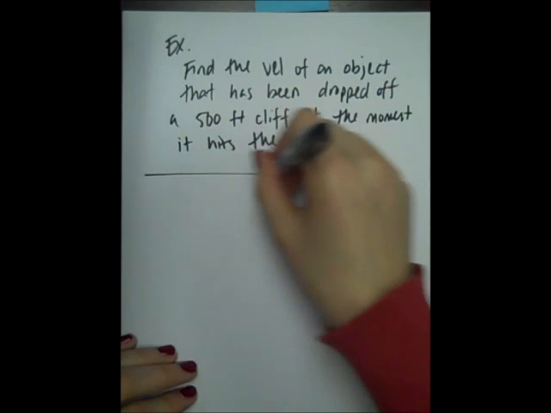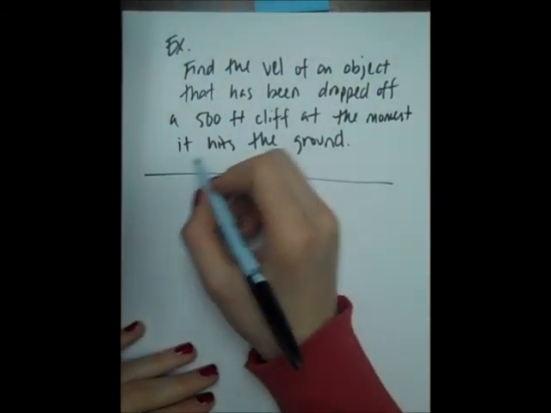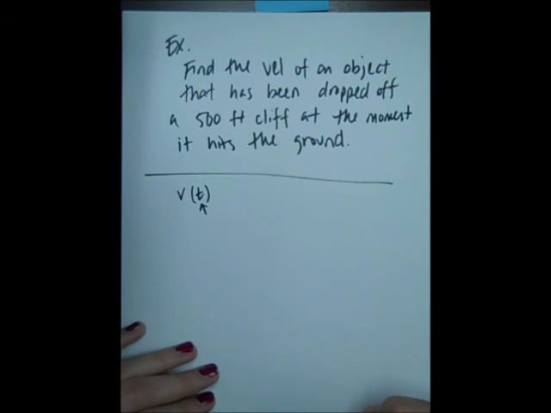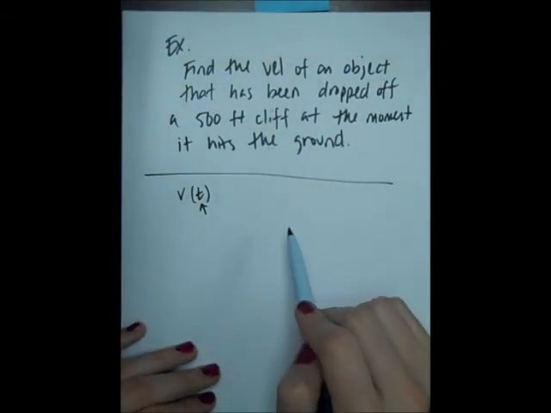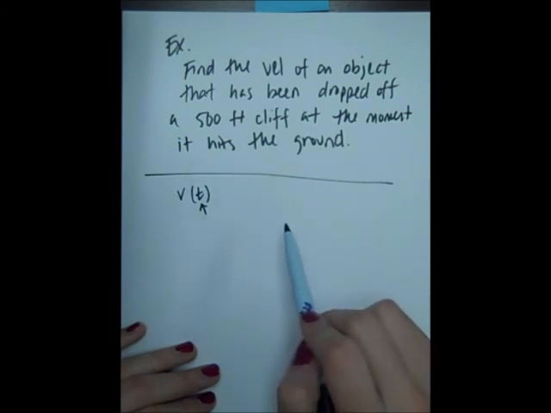So let's develop our step-by-step plan before we actually do anything. We're looking for the velocity of an object at a certain time, so we want v of t. The question is, what is this t? It's the velocity when the object hits the ground. What do you know about the position when the object hits the ground?